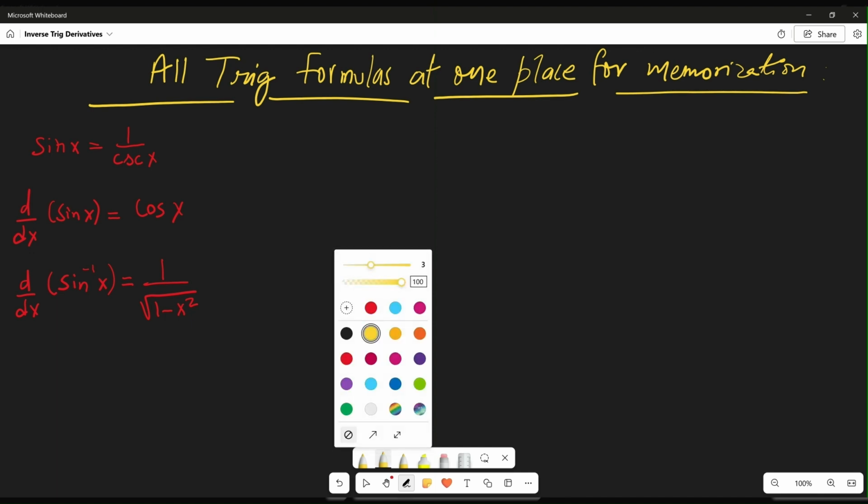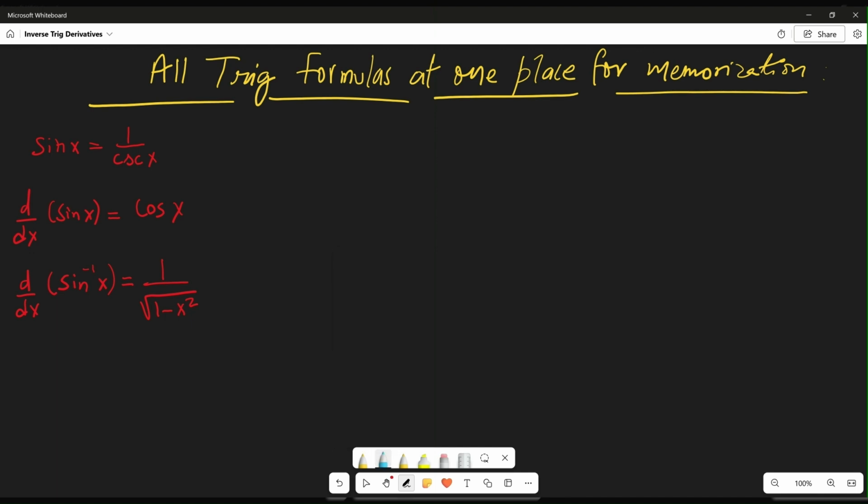Now let's look at cosine x, which is 1 over secant x, right? And then the derivative of cosine x. Remember the trick? If there's a co, that means it's going to be negative.